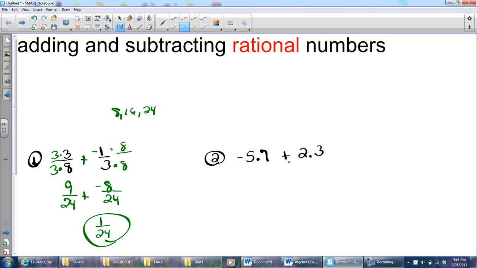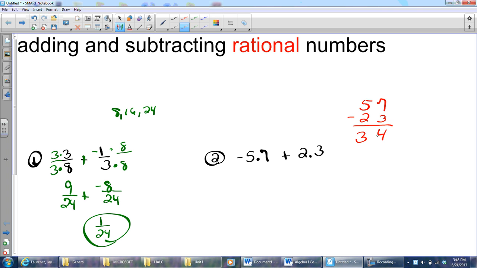When I look at this problem, I don't see negative 5 and 7 tenths plus 2 and 3 tenths. I see this problem here. I see 57 minus 23, which is a very simple problem, 34.